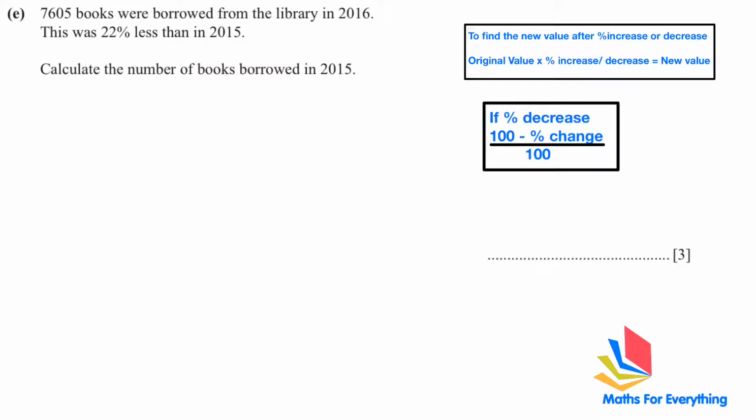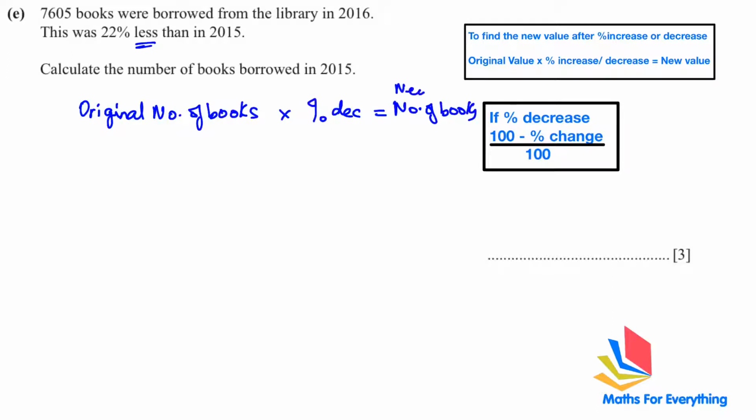We are going to use this equation to find the new value after the percentage increase or decrease. We are going to write the original value here, the original number of books in this case, multiply by the percentage decrease. It's less, so it's a decrease, will give you the new number of books.